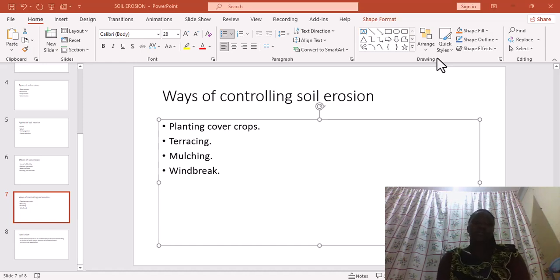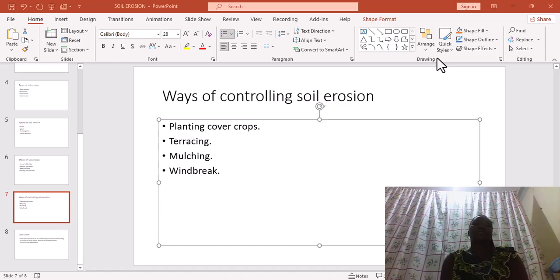The second one we have is terracing. This one involves the creation of terraces. These terraces help to reduce the speed of runoff water, and it's mostly done in hilly areas. Then the third one is mulching.